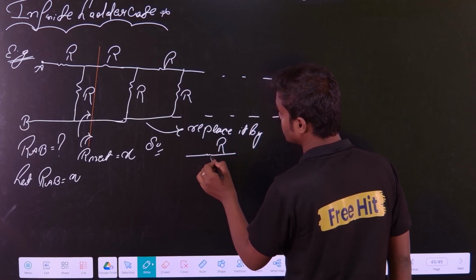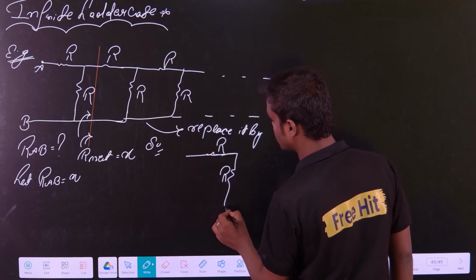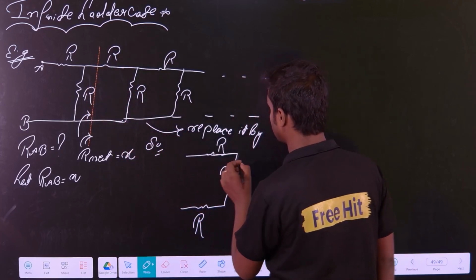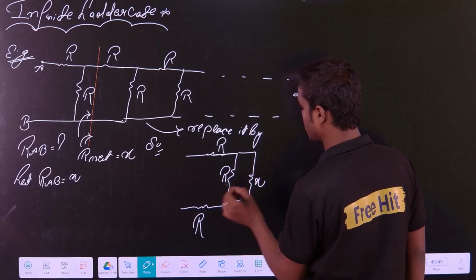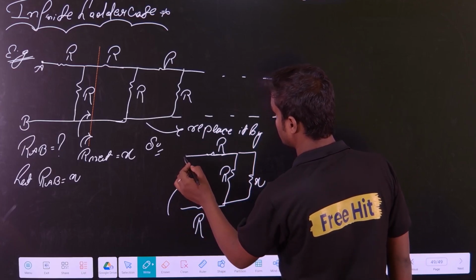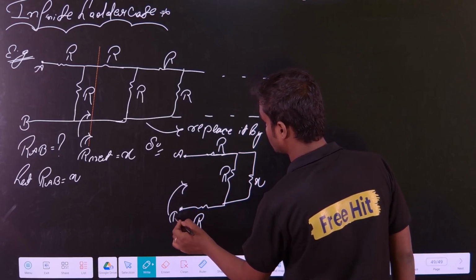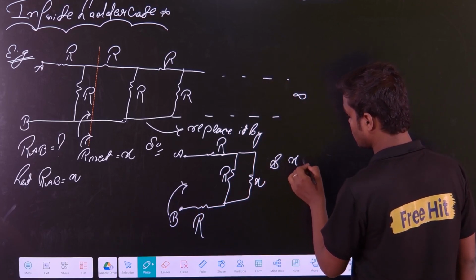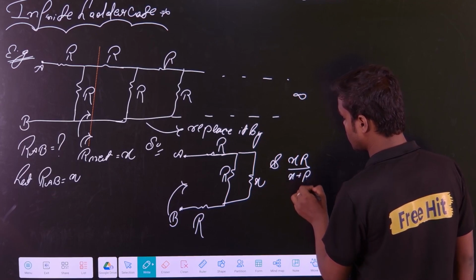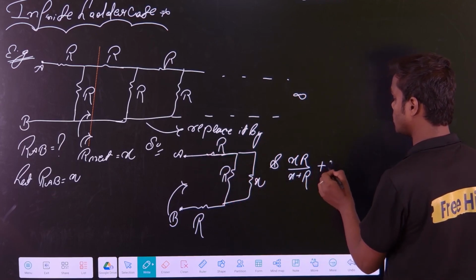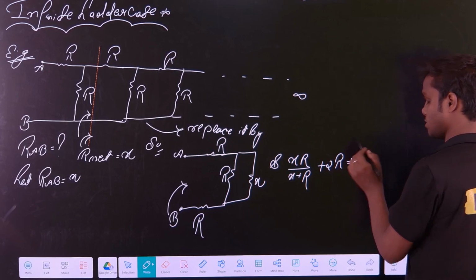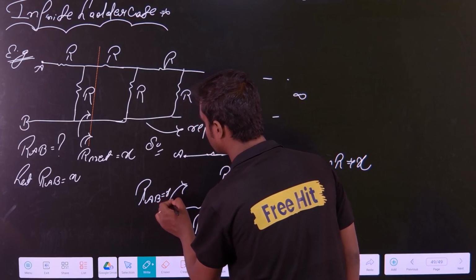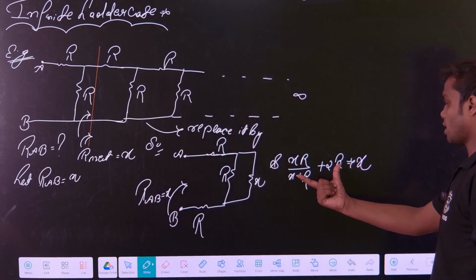This R is given, this R is also given, and at this point we have X. This point is A, this point is B, so these two will become XR upon X plus R, and this is in parallel with 2R, and that is equal to X. Because the R equivalent here will also be the same RAB, if you see RAB, again you will get X only. So the whole R net is equal to X.